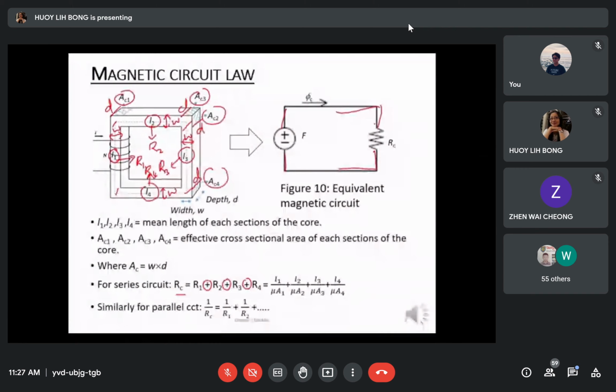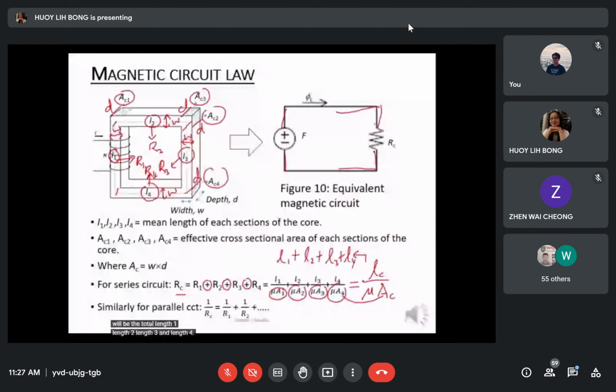If the denominator of the equations of the series reluctance is the same, we can simplify it to become the length of the core divided by mu times the area of the core. Since the area is the same and the mu is the same, the length will be the total of length 1, length 2, length 3, and length 4.